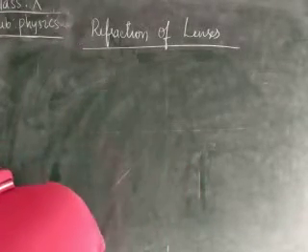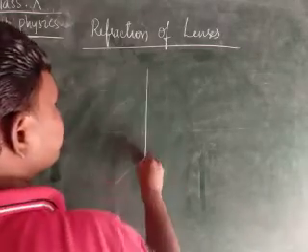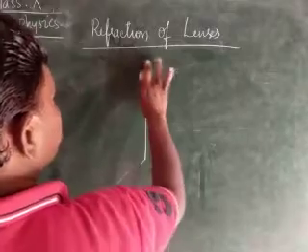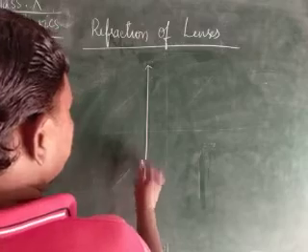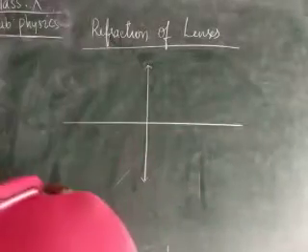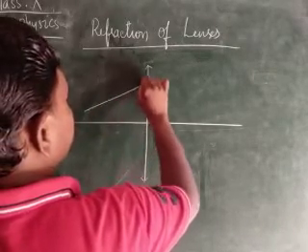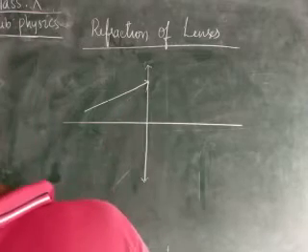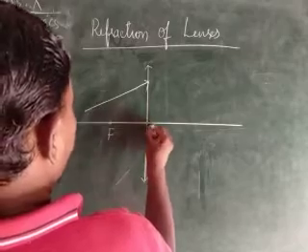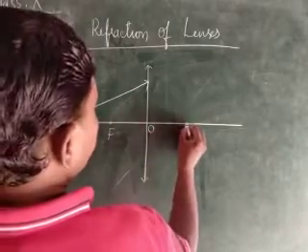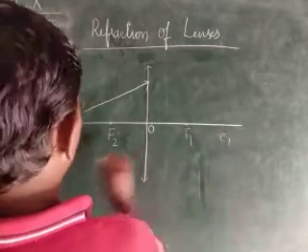Same convex lens, children. Here the figure is given like this, with the focal points, optic center, F1, F2, C1, C2.